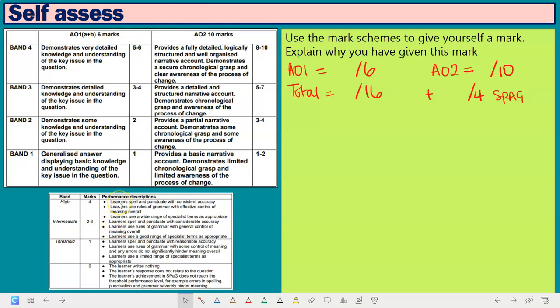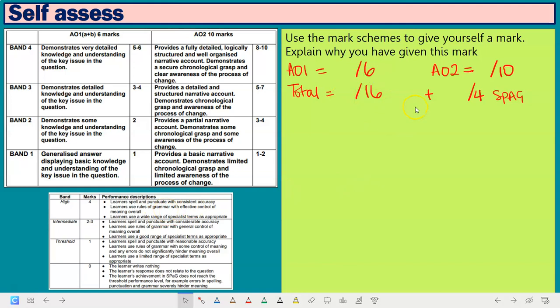If you have spelt consistently well, so that might be that you have made the odd spelling mistake, but generally it's all good, and you've tried to use a really wide range of specialist terms, then that's where you're going to get into your 4.